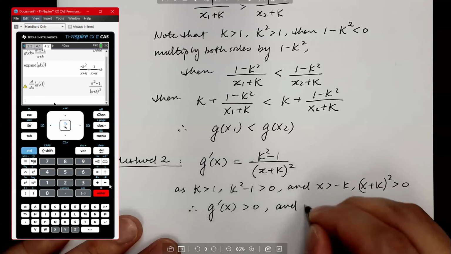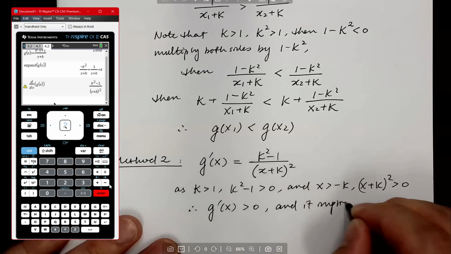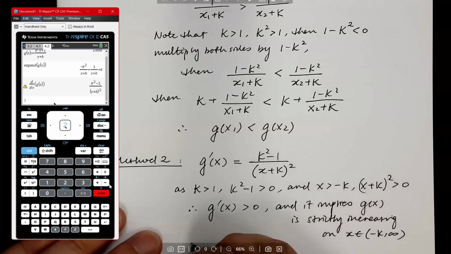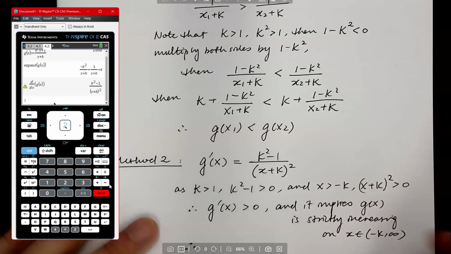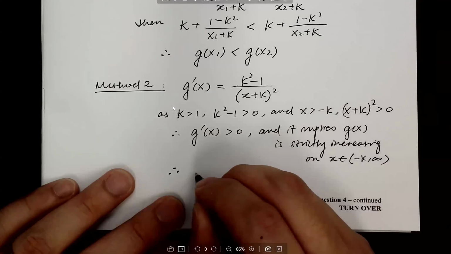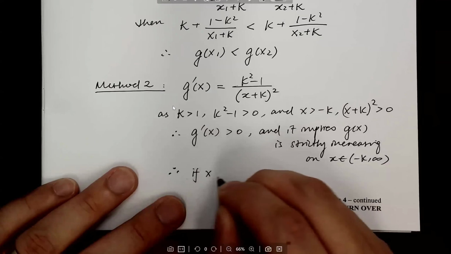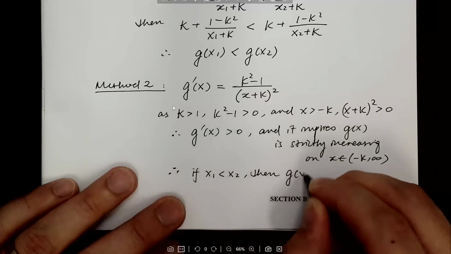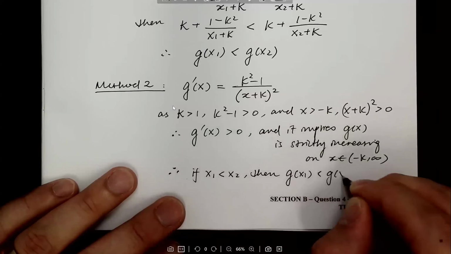And it implies g of x is strictly increasing on x belongs to minus k to infinity. Therefore, we can argue that if x1 is less than x2, then g(x1) must be less than g(x2), okay?